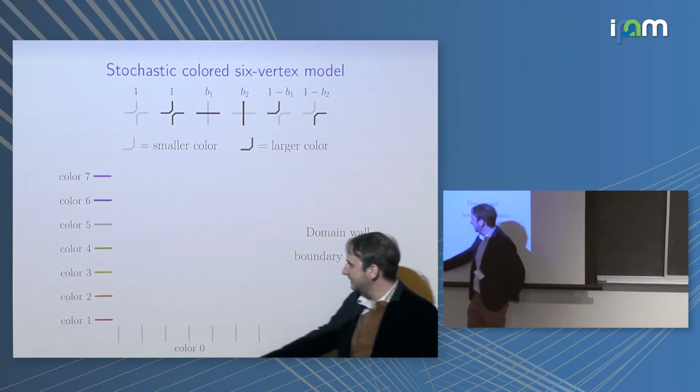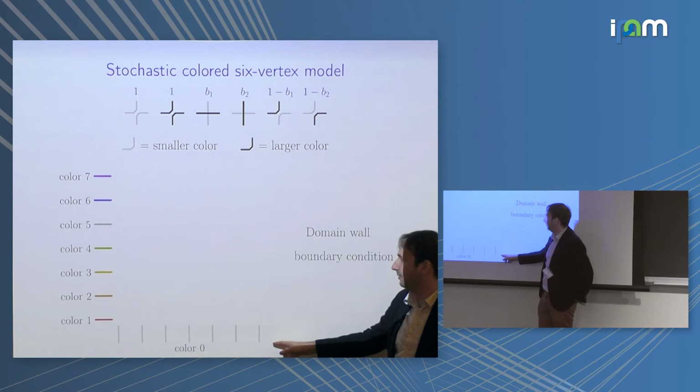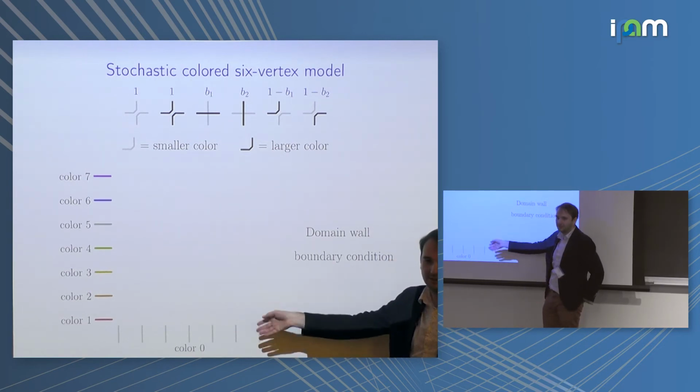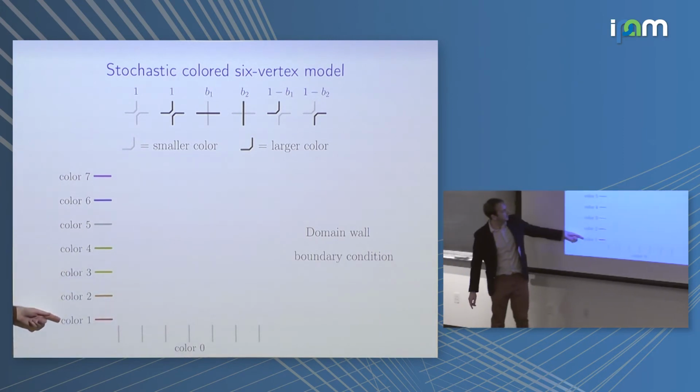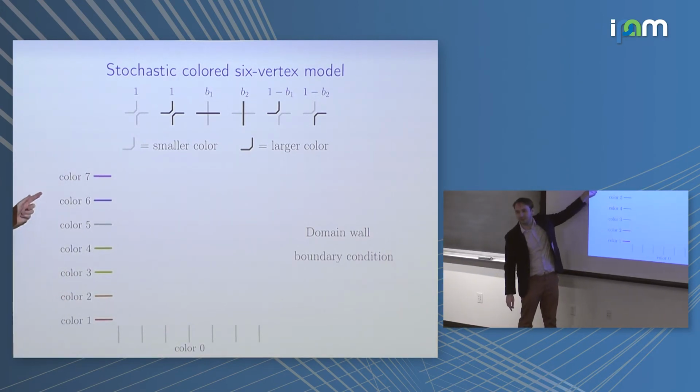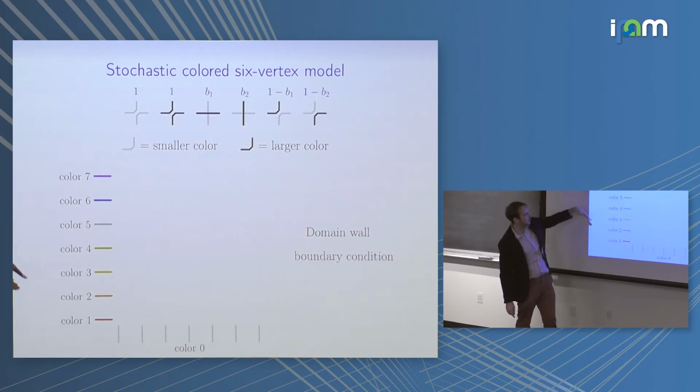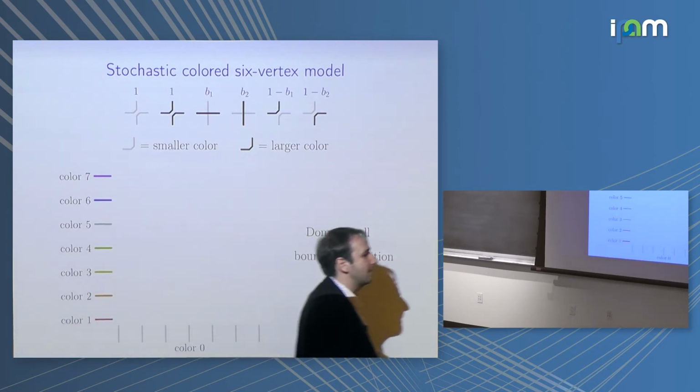What this means is that at the bottom of the picture, you have color 0, or you can think you have nothing there. And on the left, you have growing colors: color 1, color 2, color 3, color 4, color 5, etc. So the paths enter here, and the colors are growing.